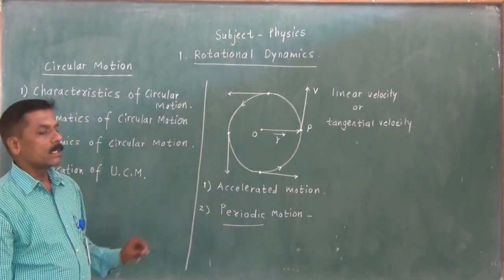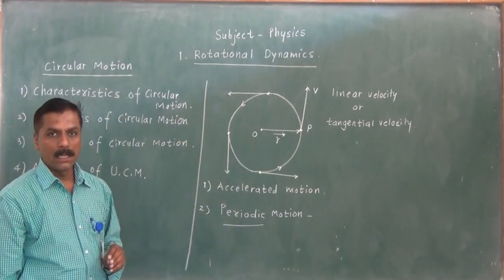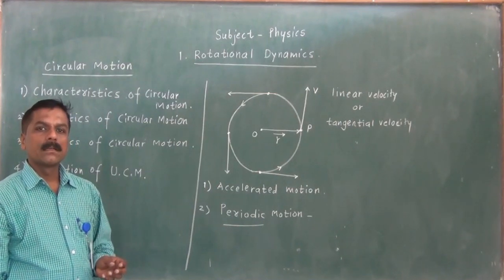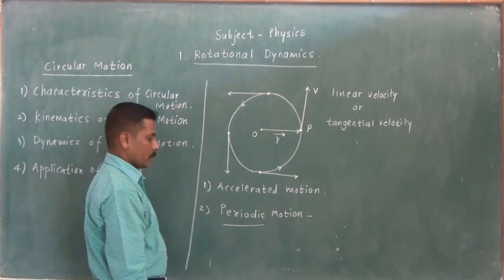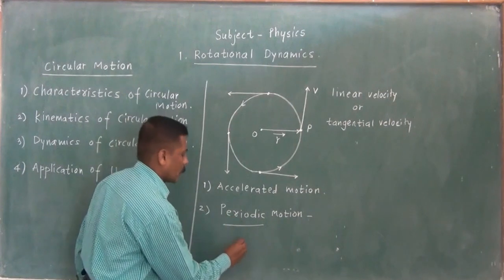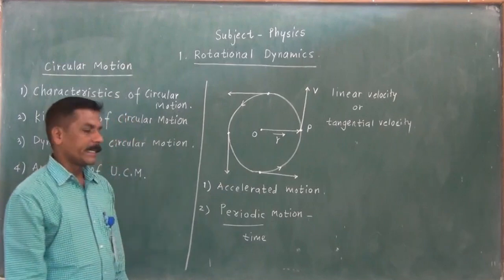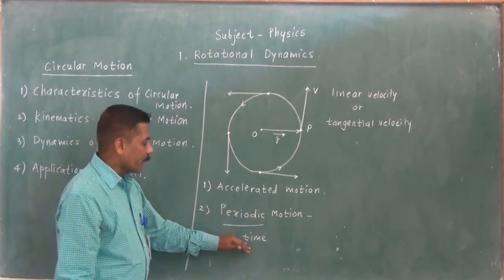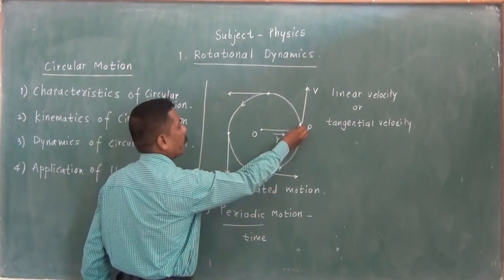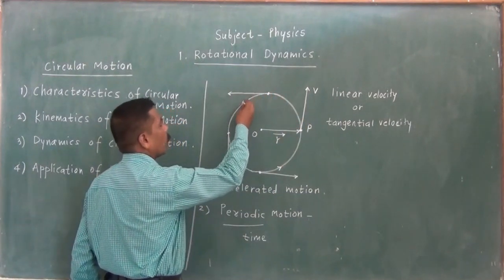You have heard the word period. What is meant by the period? It is the time required, so this is a concept related to time: the time required to complete one revolution.